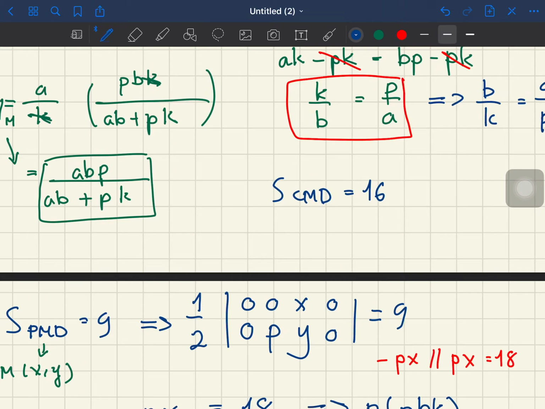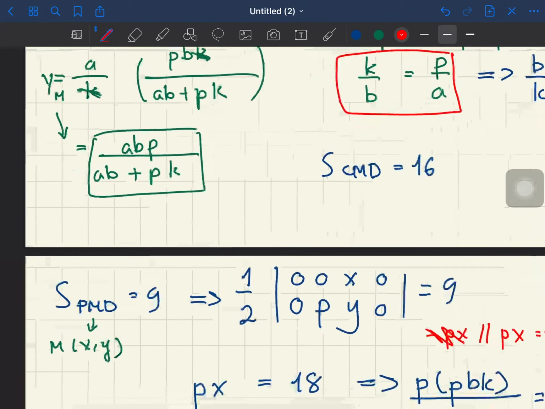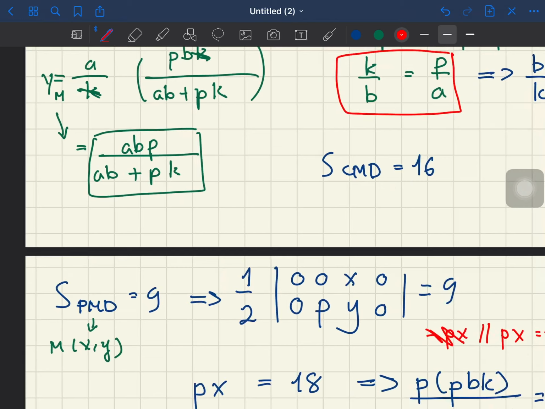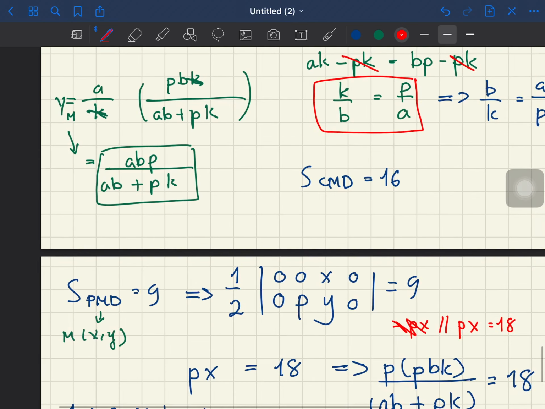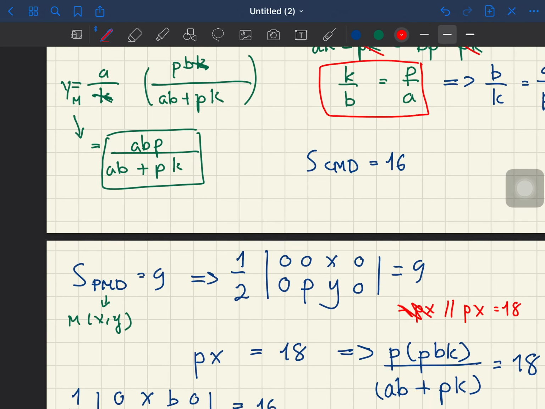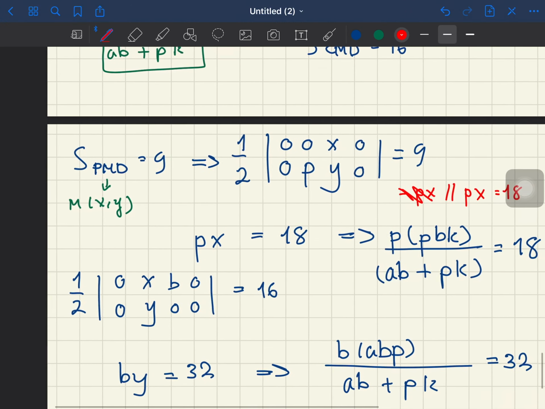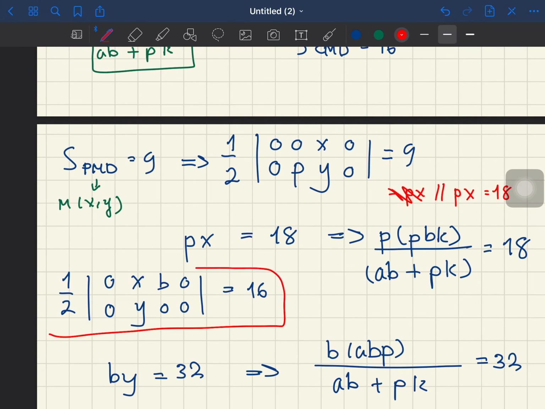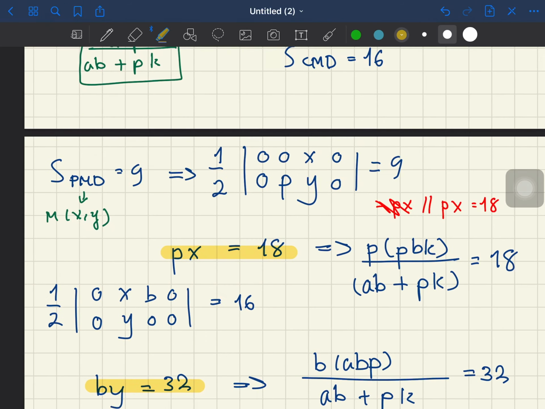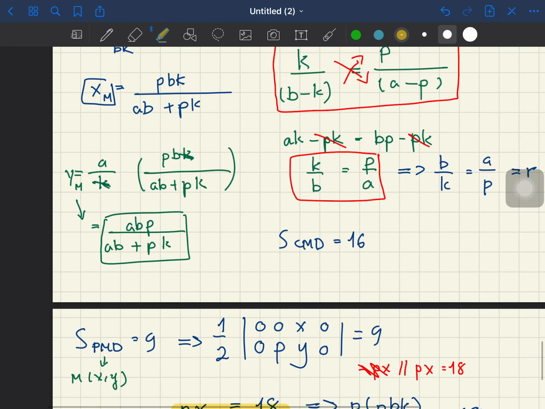So we can eliminate the negative number and leave the positive answer, which is PX equals 18. This concept is similarly applied in the area of SCMD, which gives you this one, and then you use the same concept, and you will get this answer. So I'm going to highlight these two answers, I mean these two equations, and also this one.